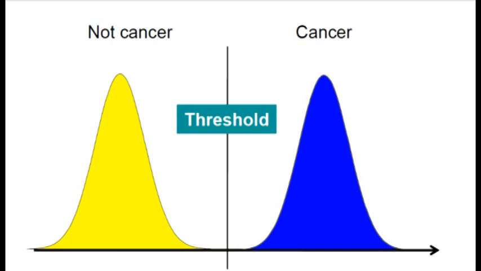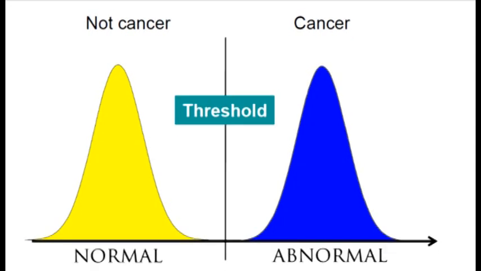We would find certain parameters where these two distributions are really far apart. In imaging, let's not call it cancer and not cancer. Let's not call it health and disease. Let's just call it normal and abnormal. So we need to find parameters that are far apart that we can measure, and if we do that, we'll never make a mistake.